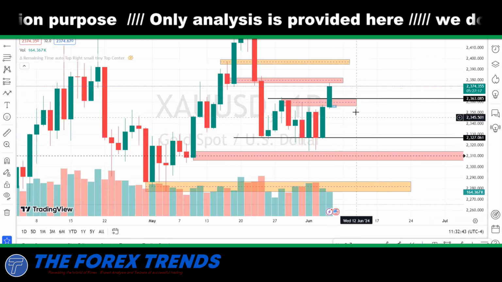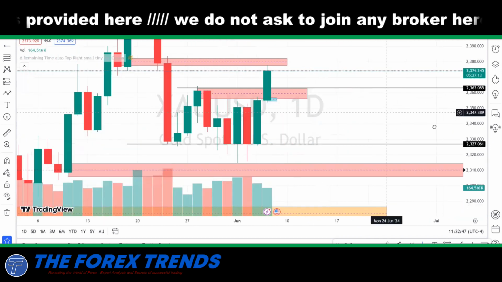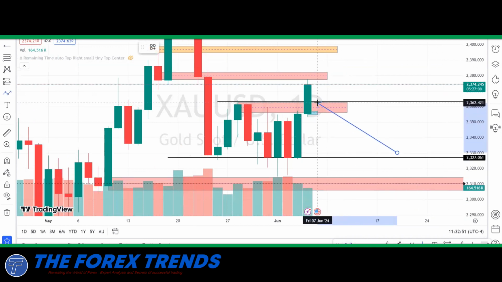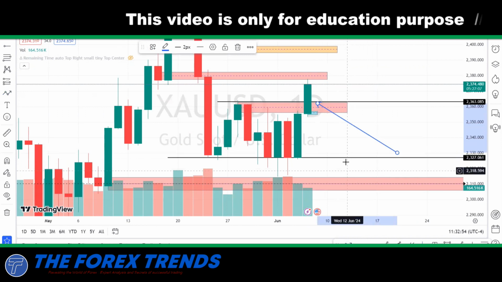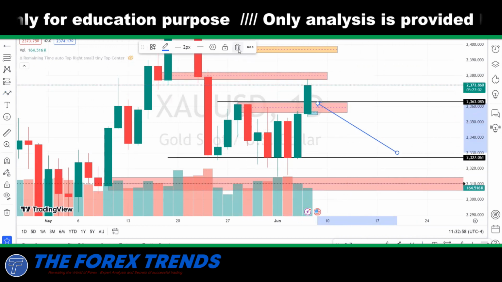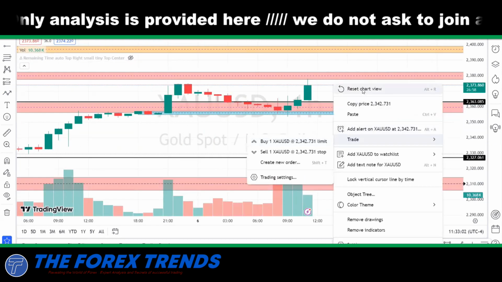If the market closes above this resistance, we may initiate a buy from this zone. To initiate a buy, we have to refine this zone in a smaller time frame, that is the 1 hour frame. For that, let me check the 1 hour frame.